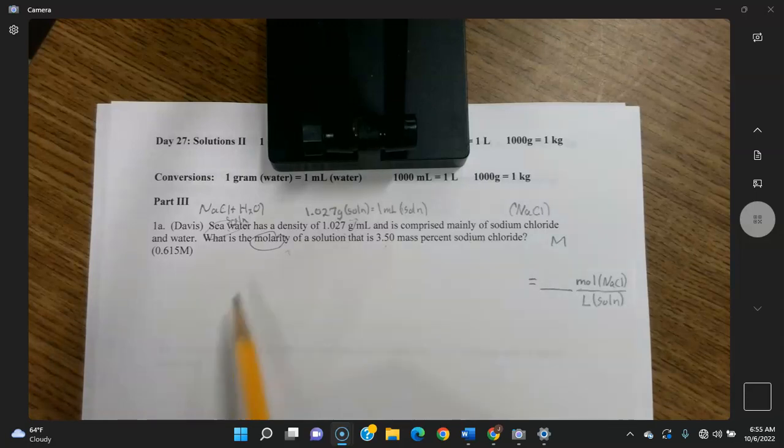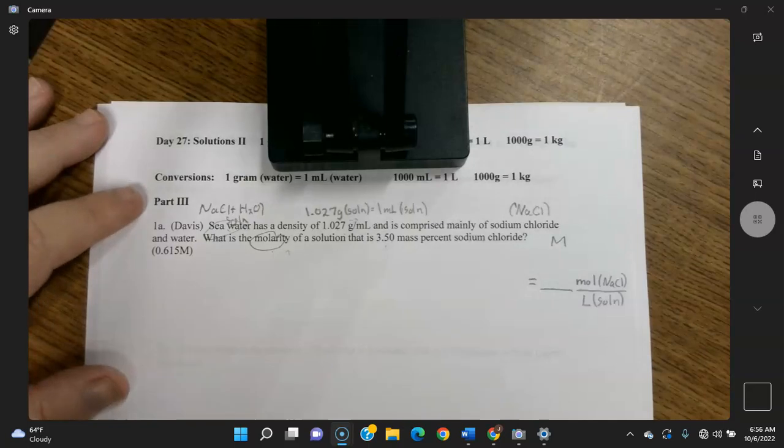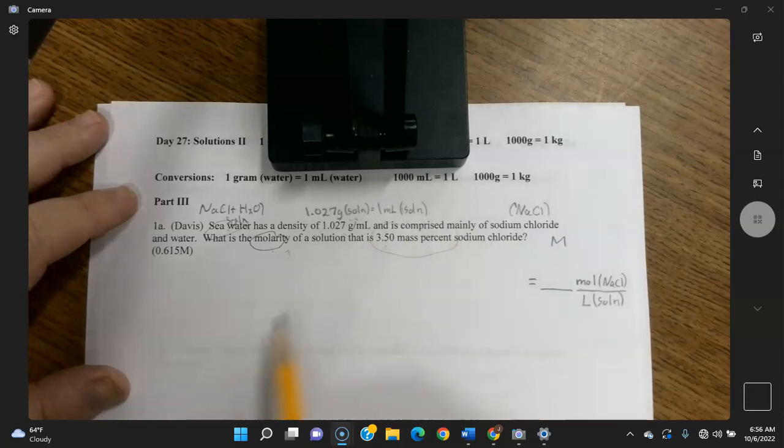Okay, so the next thing is we identified what it's looking for. Now all it tells us is it's 3.5 mass percent sodium chloride. So that was a pre-assignment question in yesterday's assignment, the day 26 assignment. So how do we deal with that mass percent? We get to choose how much seawater we're going to test. It doesn't tell us that.